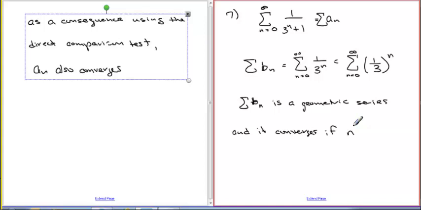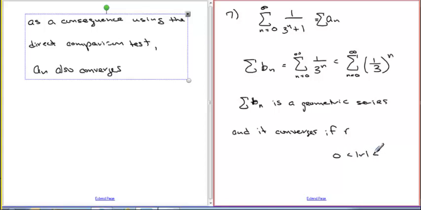We have a, which in this case is 1, and r, which is the ratio. It converges if the absolute value of r is between 0 and 1.